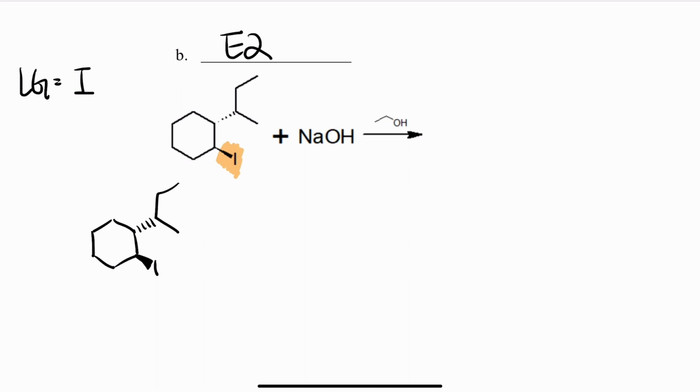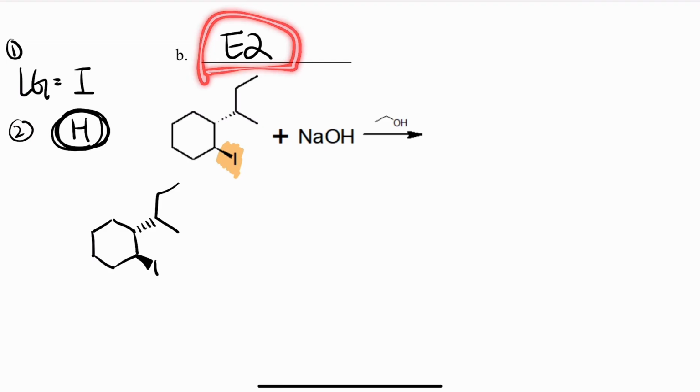Now the next thing, because we're not going to add anything, because we're eliminating, we're getting rid of stuff, a hydrogen is the next thing. So the first thing that gets removed is the leaving group. The second thing is always a hydrogen. Hydrogen is always removed and taken as the second thing in E1 and E2.